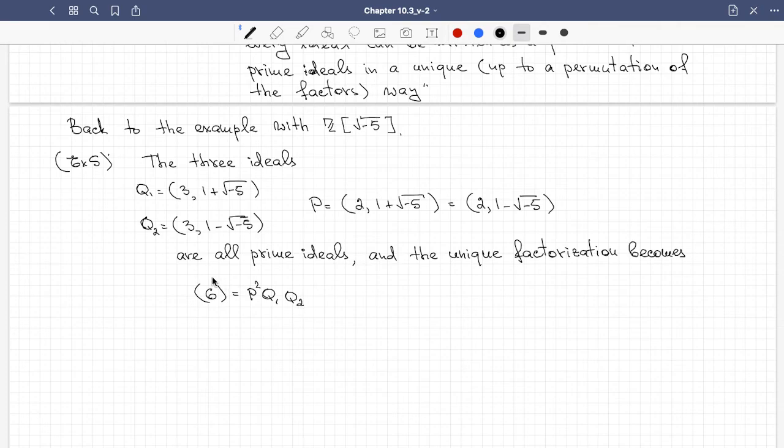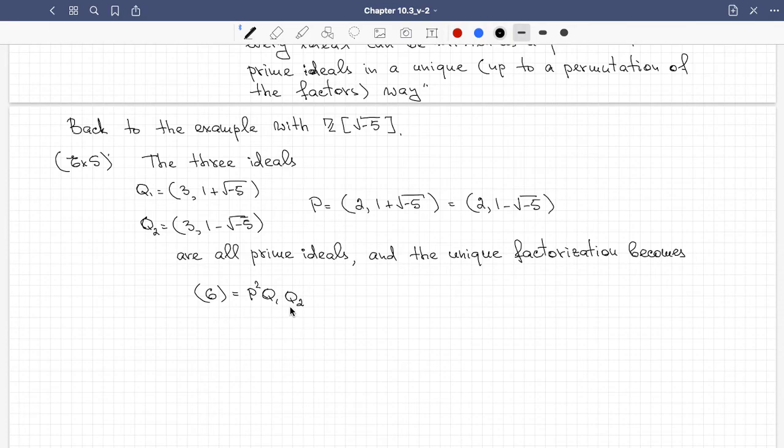Now this ideal is a principal ideal; we started with this element. Now we look not into the factorization of this element, but into the factorization of the principal ideal generated by this element.